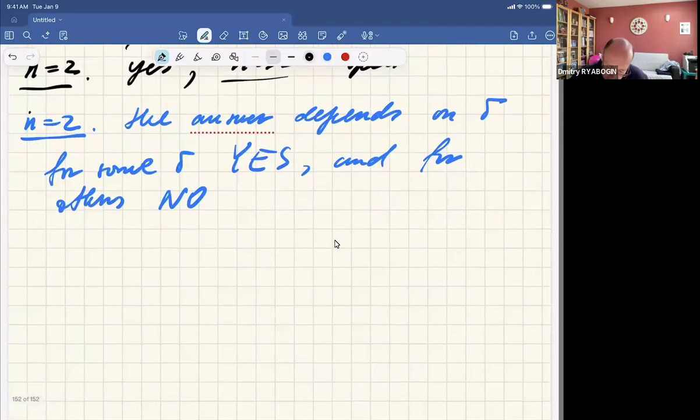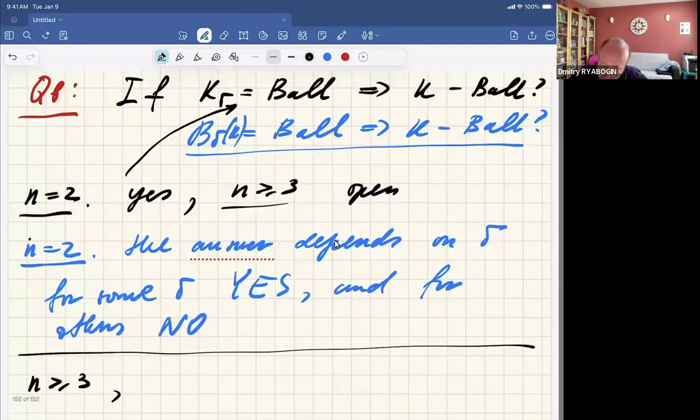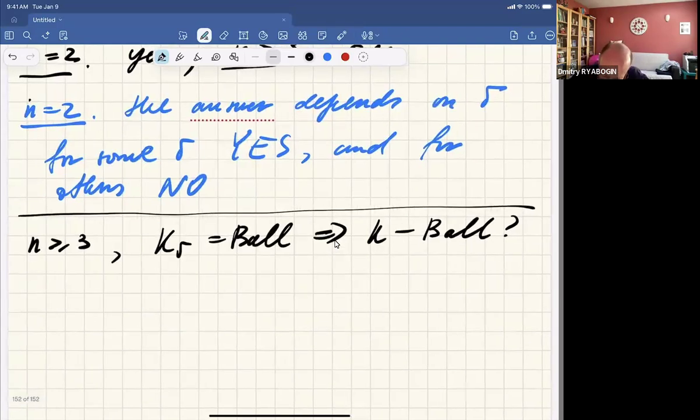If n is greater or equal than 3, then again, the first question, so K delta, the ball, does it follow that K is the ball? This is open.